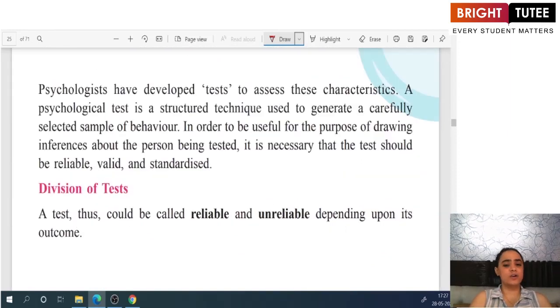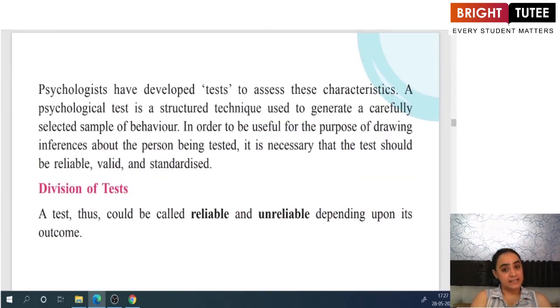Now, some psychologists have developed tests that can assess your characteristics. Such psychological tests are very simple; their structure is such that you will be able to generate a result on the basis of the behavior of a person.